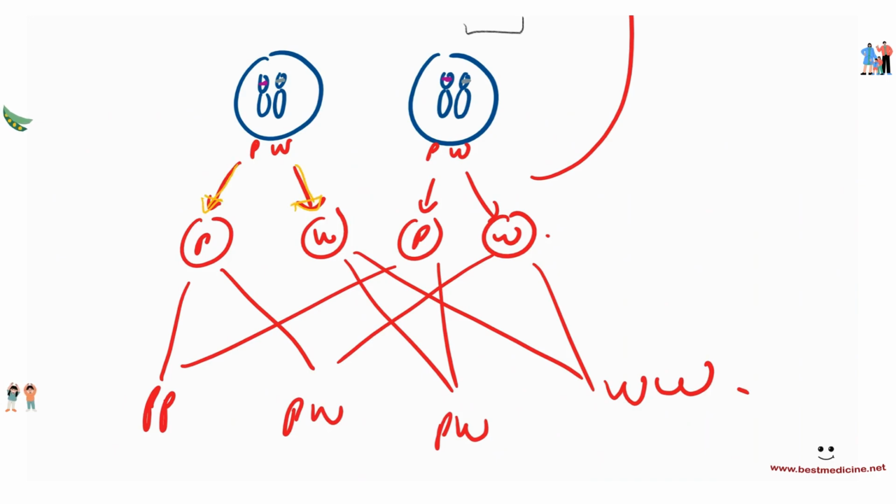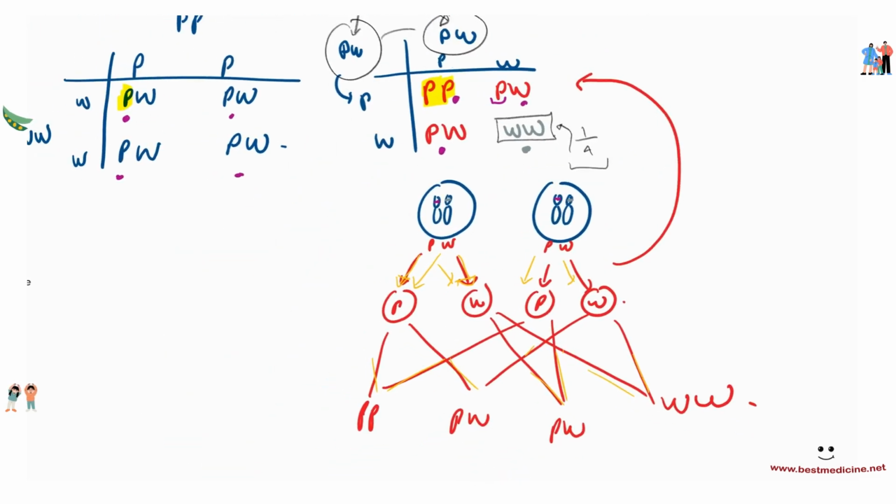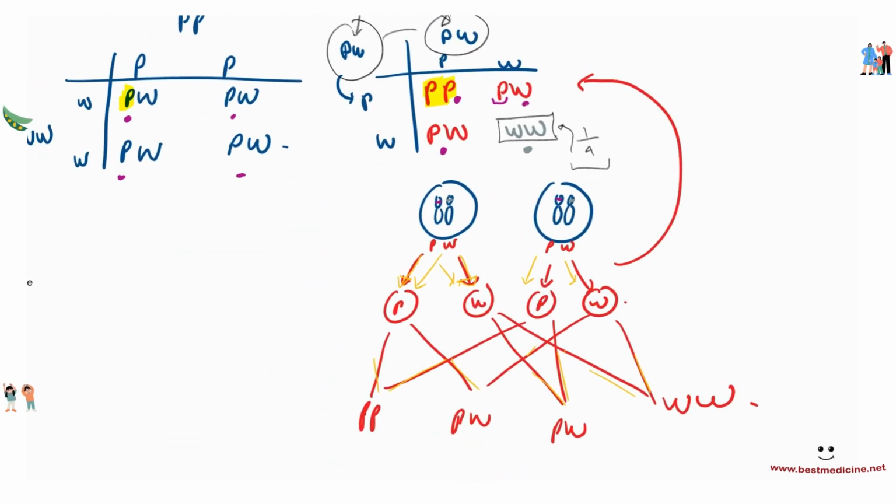The versions of genes are being segregated randomly, and they are randomly joining with each other, and it all works on chance as to what is going to meet what. Okay, and that is called Mendel's law of segregation and independent assortment.